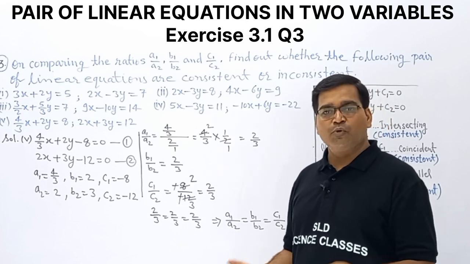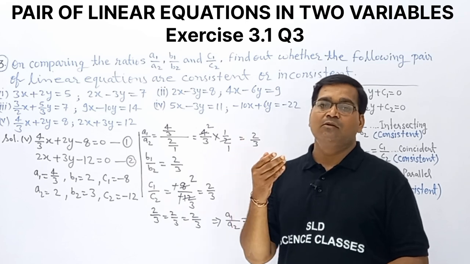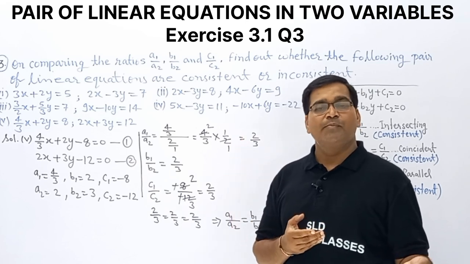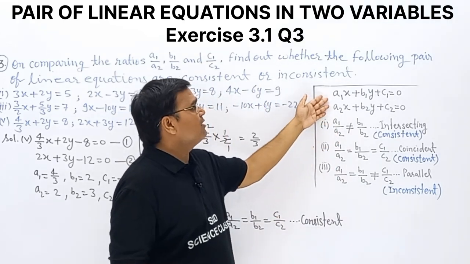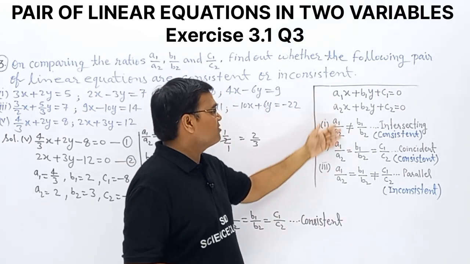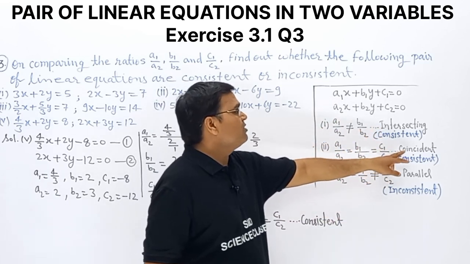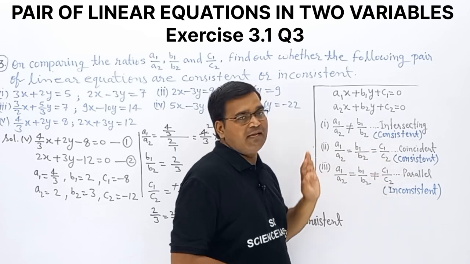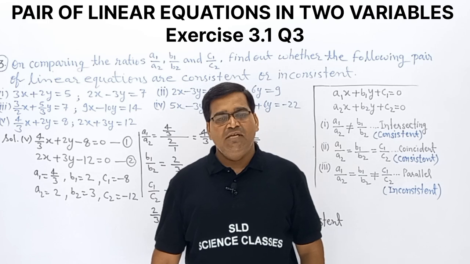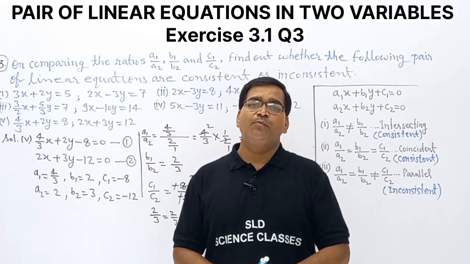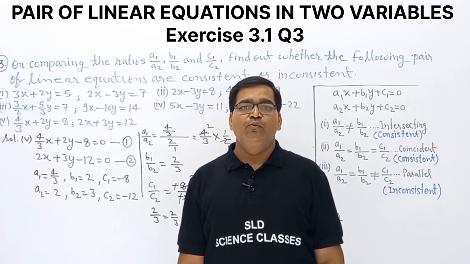So we follow the same process of checking intersecting lines, coincident lines and parallel lines. We compare with the general equations and find the ratios, and then we can say if intersecting then consistent, coincident then also consistent, but parallel lines then we can say inconsistent system. So this is question number 3 of exercise 3.1. I hope you understand all these questions. Thank you so much.